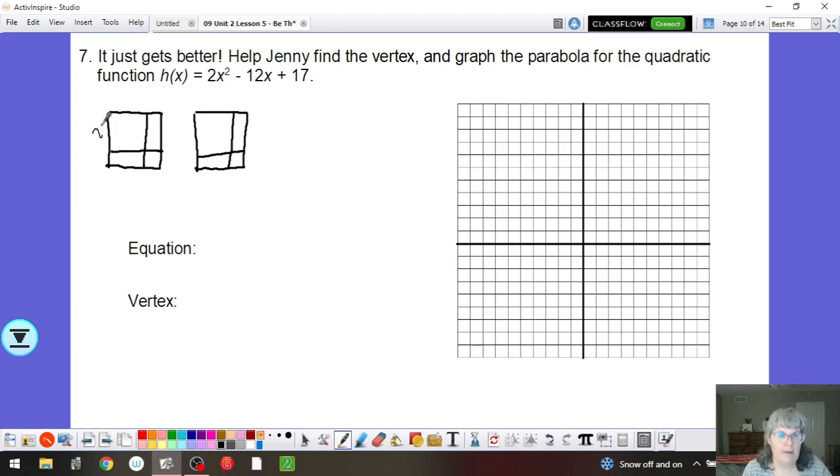Mark that we have x and x for 1x squared and another x and x for 2x squared. We have a total of 1, 2, 3, 4 rectangles. So if I divide 12 by 4, that's going to be 3, and because 12 is negative, it will be negative 3.